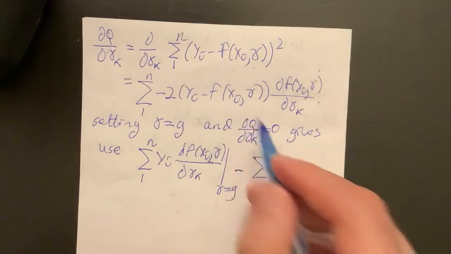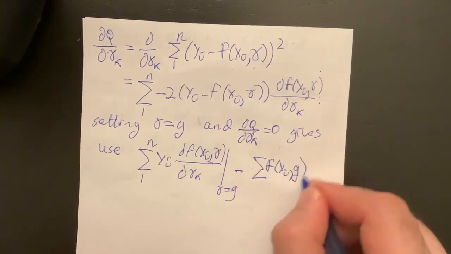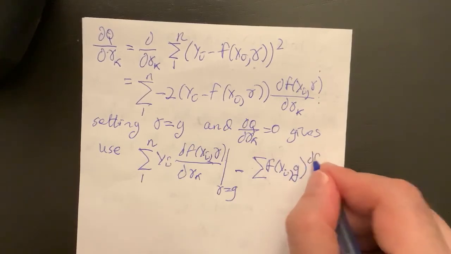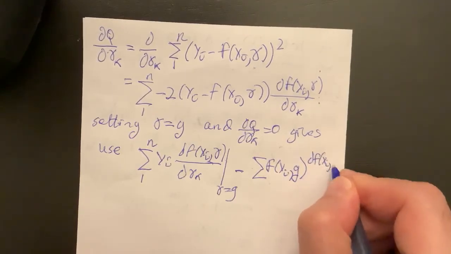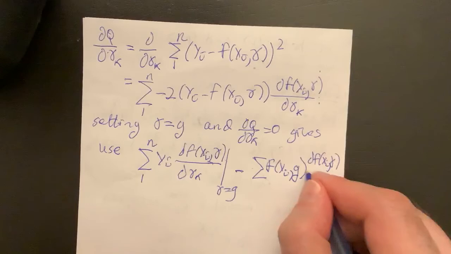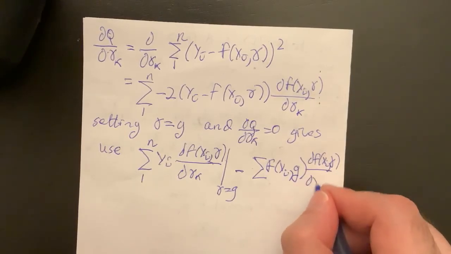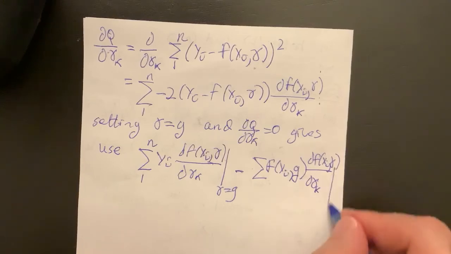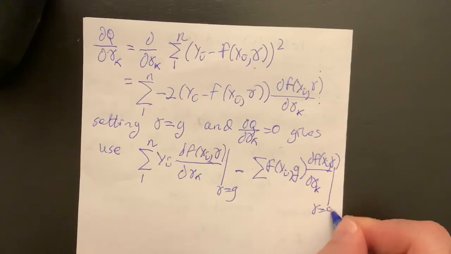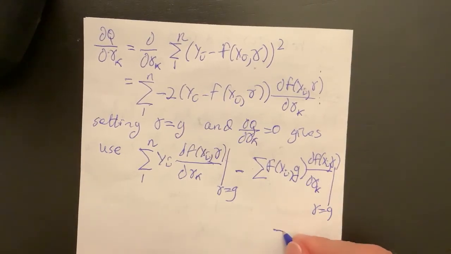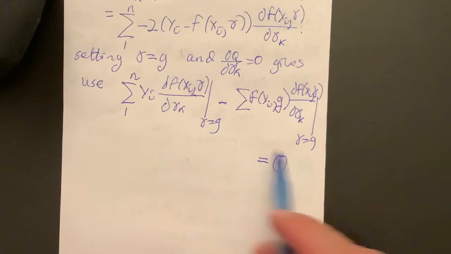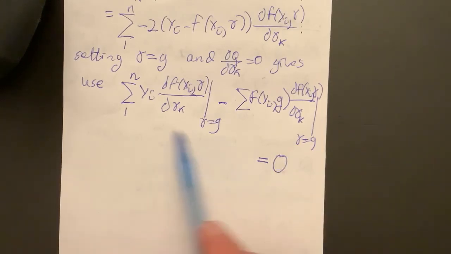Now this I can just put g in, because this is just computed somewhere. And here I have df(xi, gamma) over d gamma k, also evaluated at gamma equals g, the vector, and this whole thing is set equal to 0. I'm leaving it gamma in the derivative because it's a function defined in gamma, and I'm thinking of g as an actual value that I'll solve for.